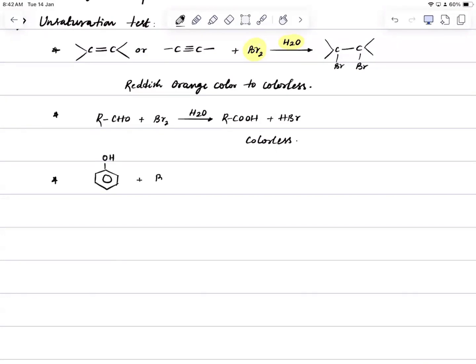So if you take phenol and treat that with bromine water, it will make a substitution at all three positions, Br, Br and Br here, which is giving 2,4,6 tribromophenol, and this is a white PPT. Okay, so bromine water, which is reddish orange color, is changing into white color PPT.